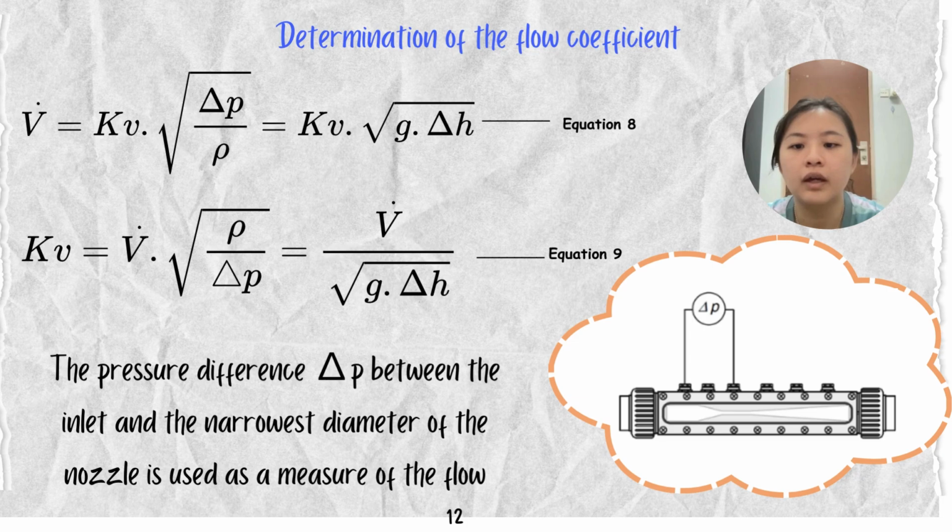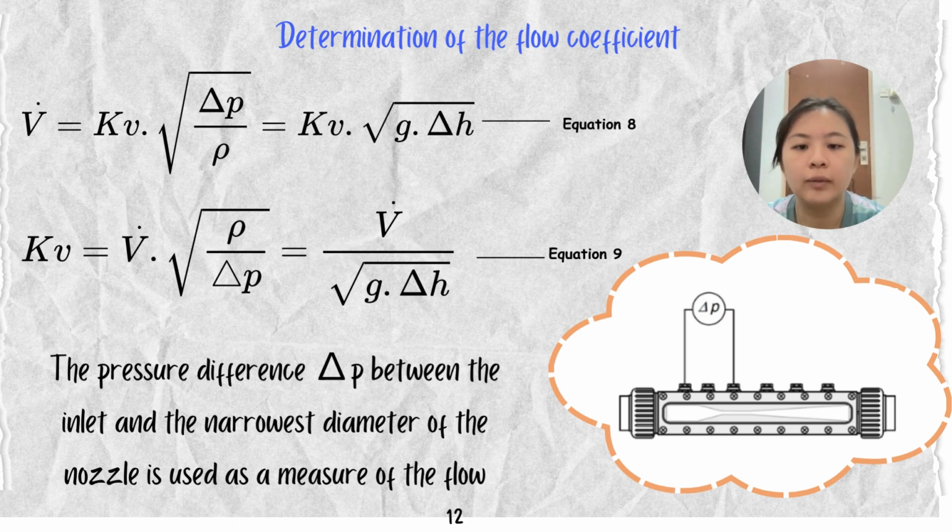So we simplify it and the final equation is kV equals the volumetric flow rate divided by the square root of gravity multiplied by the difference in H.